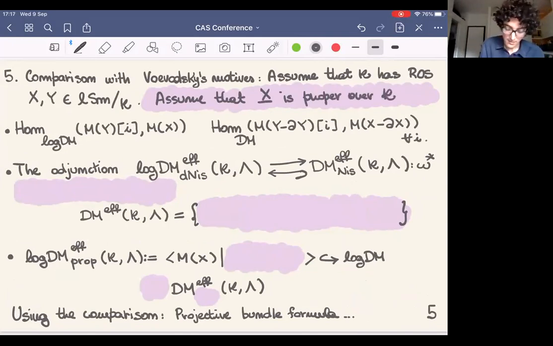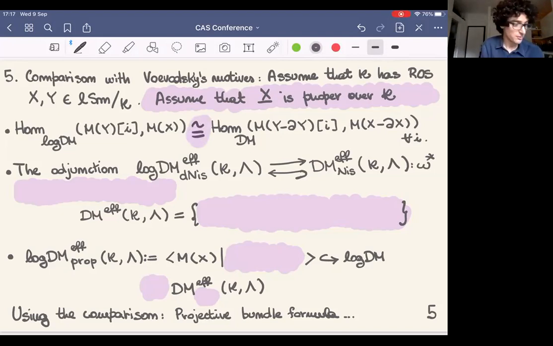Then you can compare the Hom in logDM between the motive of Y shifted by i and the motive of X, and the Hom in DM between the corresponding motives of the complement of the log structure. So say that partial X and partial Y denote the set of points where the log structure is not trivial. And we have an isomorphism like this.